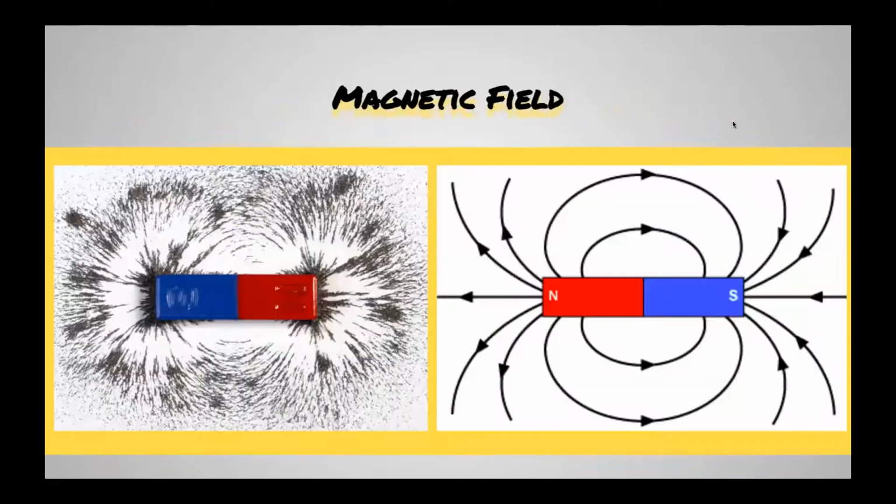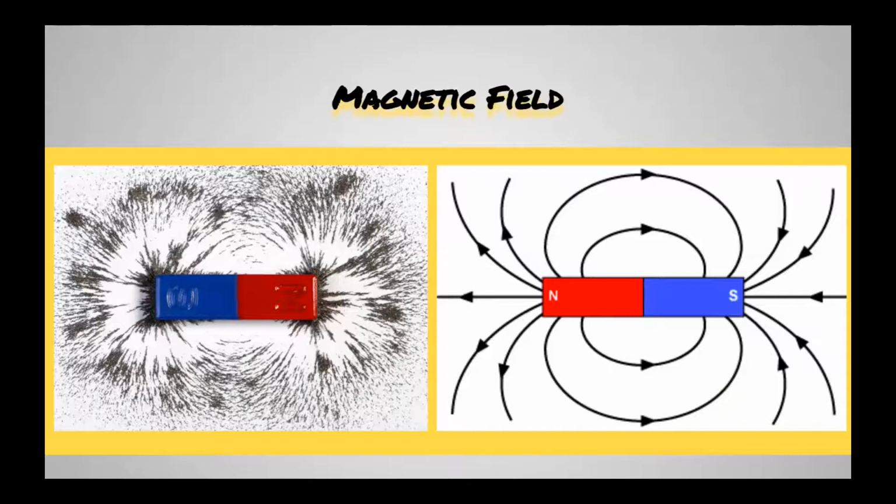All right, let's check out the magnetic field really quick. So I mentioned the magnetic force. So I can feel the magnetic force, but I can't see it. I can't see them pushing apart. And I know they have a magnetic field around them, but it's hard to envision what it looks like.